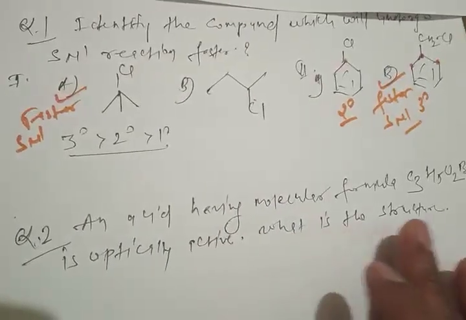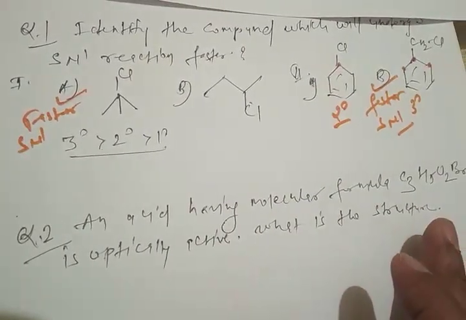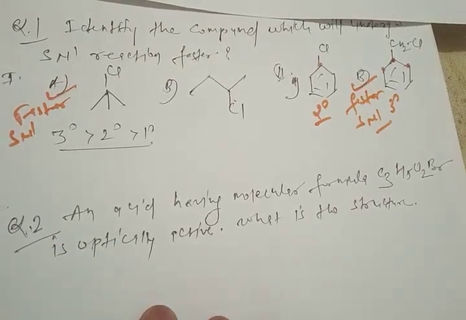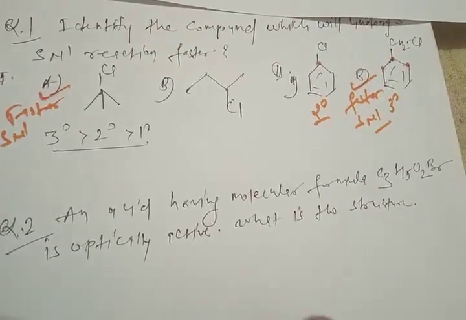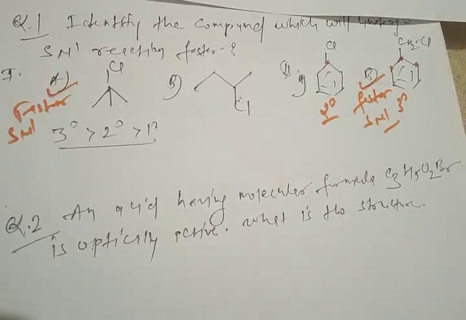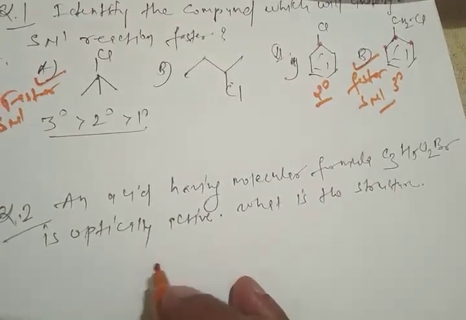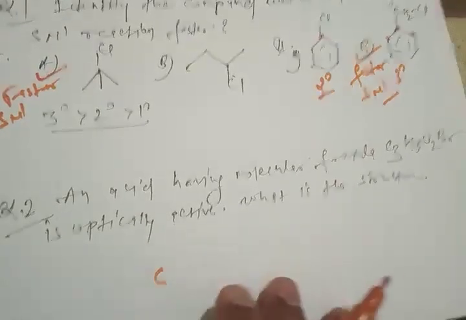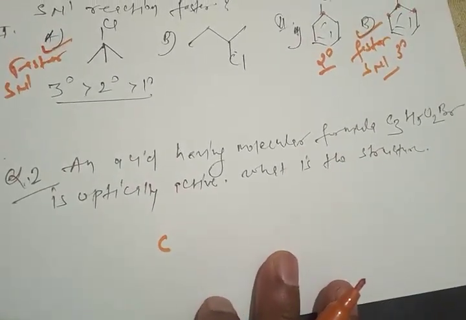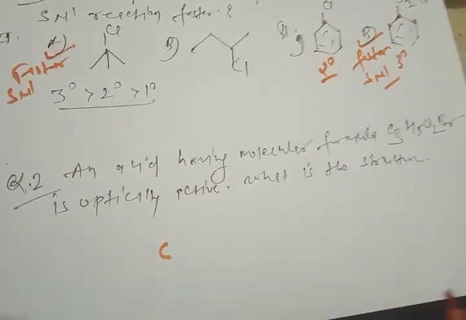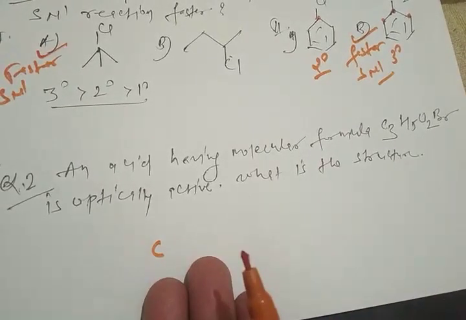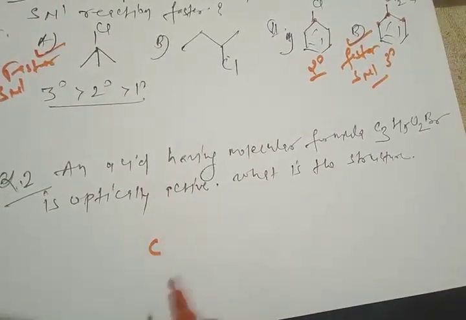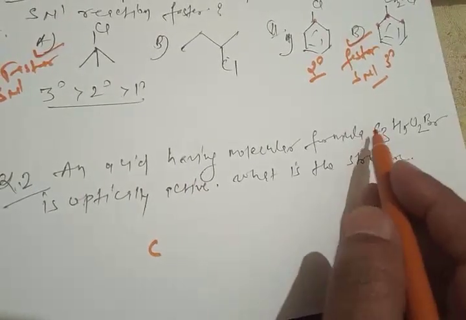Now an acid having molecular formula C3H5O2Br is optically active. What is the structure? The hint given is optically active. That means we have a carbon which has four different substituents and is sp3 hybridized. So for optical activity we require four different groups, and it is C3.